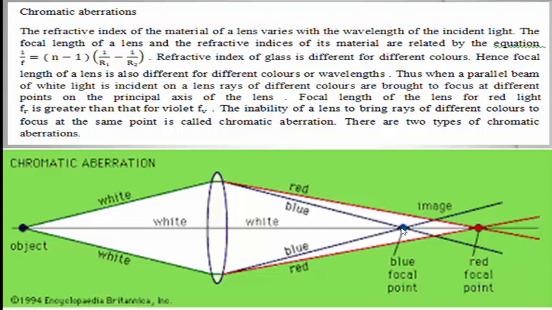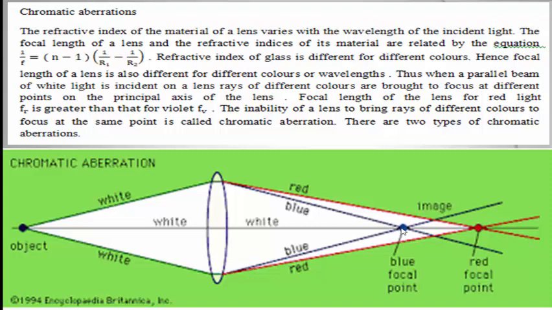The refractive index of the material of a lens varies with the wavelength of the incident light. The focal length of a lens and the refractive index of its material are related by the equation 1/f = (n - 1)(1/r1 - 1/r2).